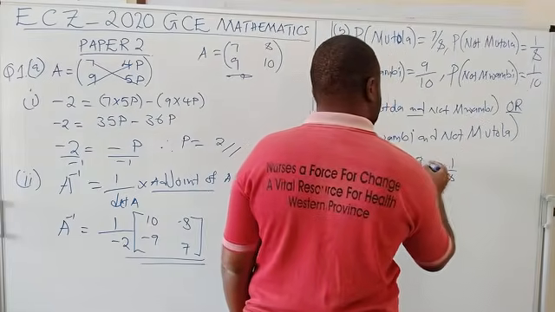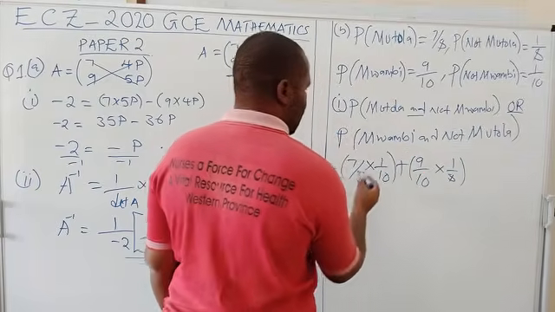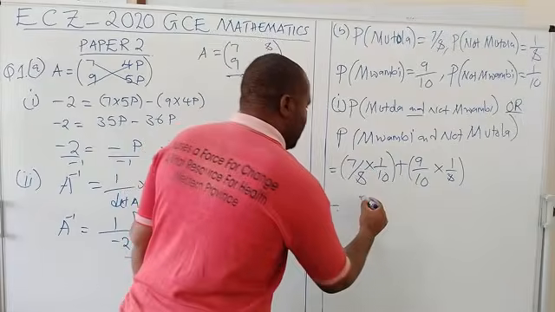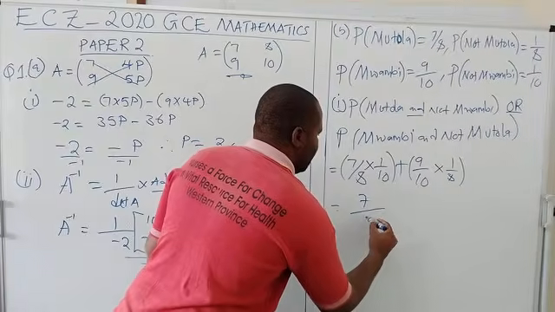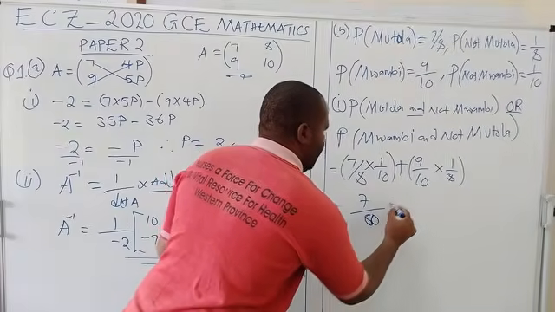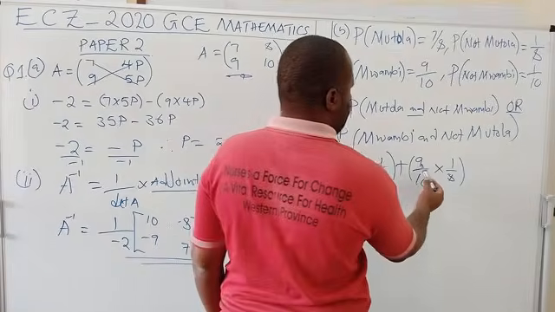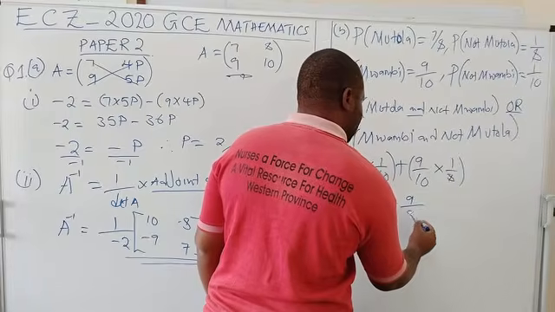Of course, these you can put them in brackets. Alright? Then here we say this by that. 7 by 1 is 7. Then divided by this by that is 80. Plus 9 by 1, 9. Divided by this by that is 80.